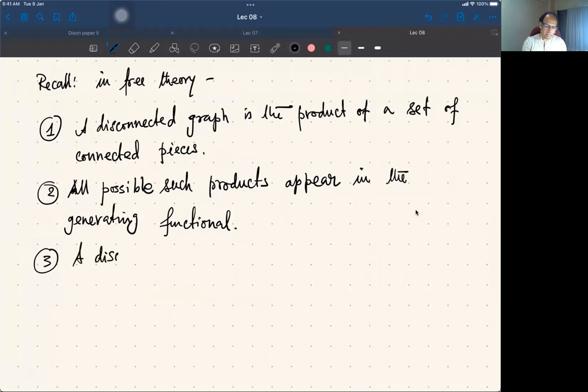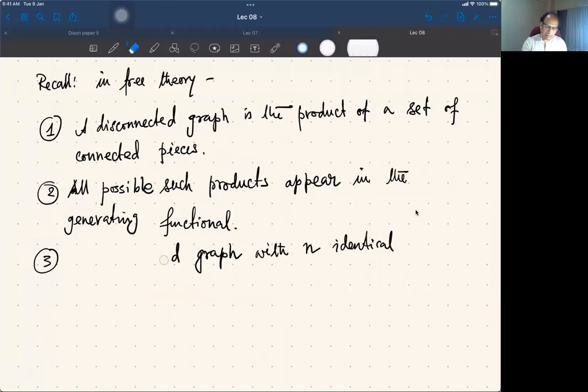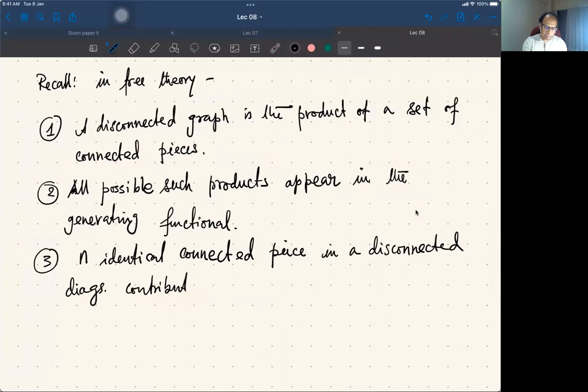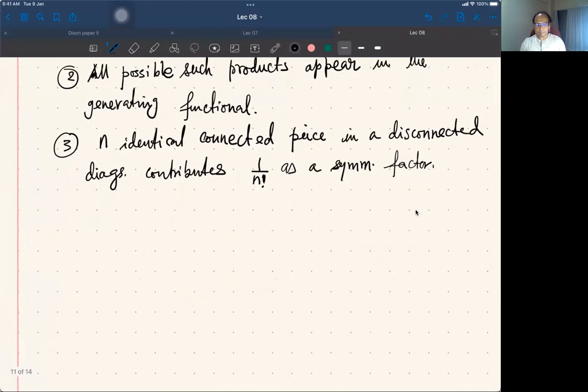A disconnected graph with n identical connected pieces in a disconnected diagram contributes 1 over factorial n as a symmetry factor.